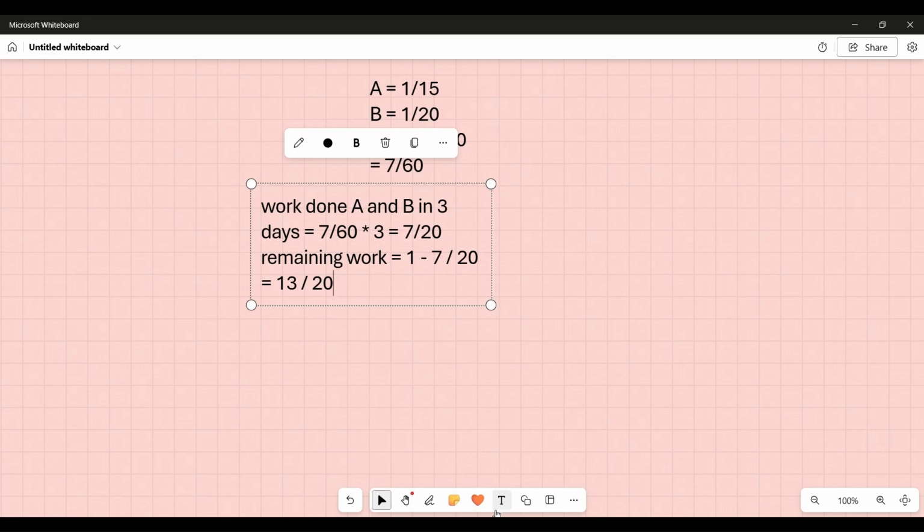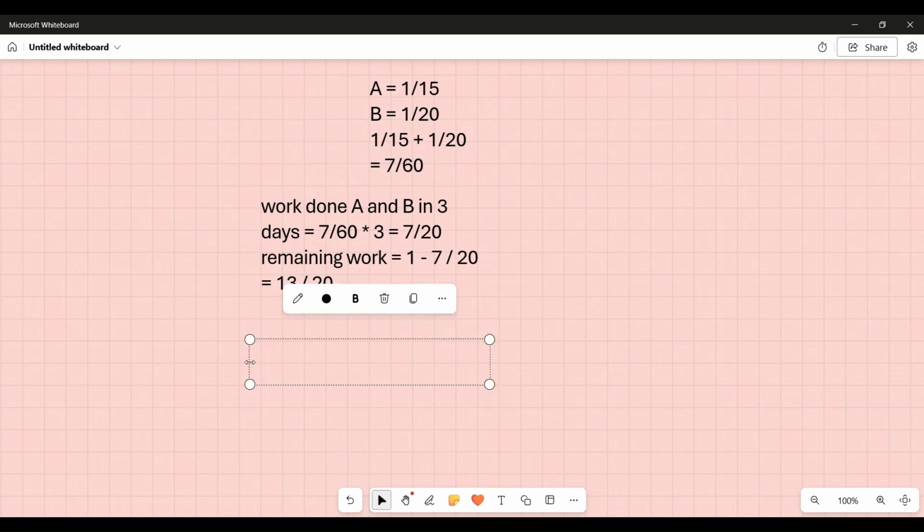First of all, we will write the formula. The time required for B to complete the remaining work is the remaining work in the numerator, upon B's rate of work.